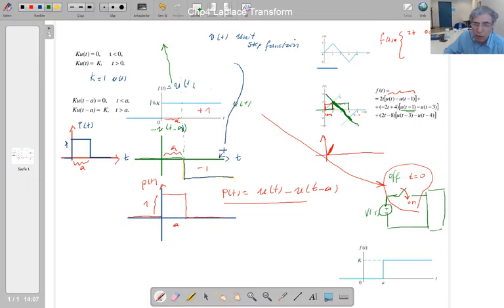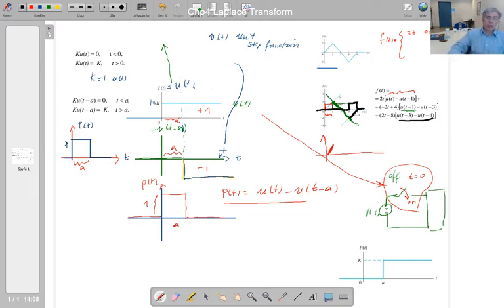If you multiply this with, make it black, if you multiply it with a pulse function like that, this is that pulse function, multiply this one, you're going to end up with this bold here. So what you get is this function.